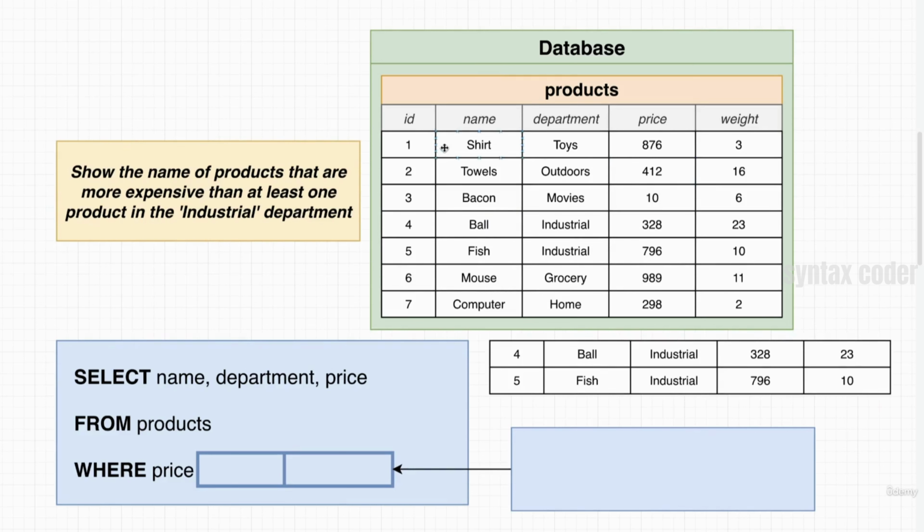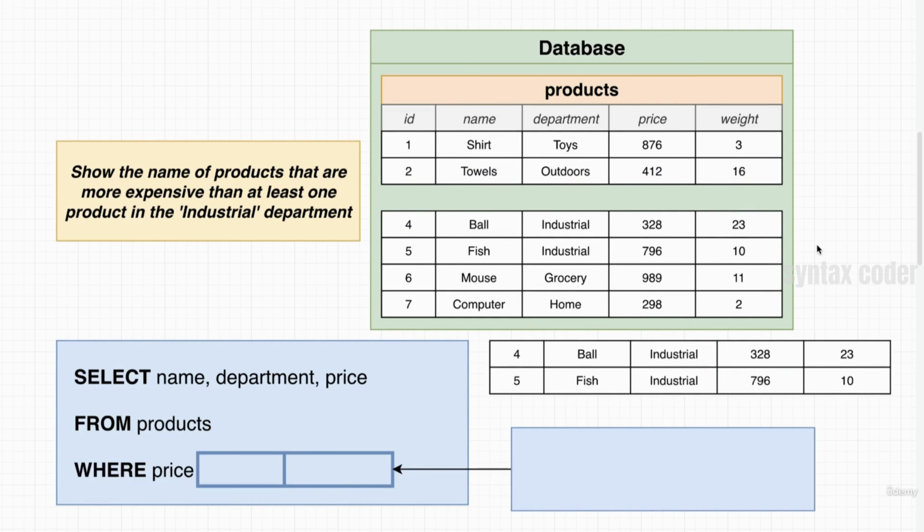Then we're going to take a look at all these different rows, and we're going to only keep around the ones that have a price greater than either 328 or 796. So in this case, 876 is greater than 328, so we keep that around. 412 is definitely greater than 328. 10 is not, however, greater than at least one of these two, so we would drop 10.